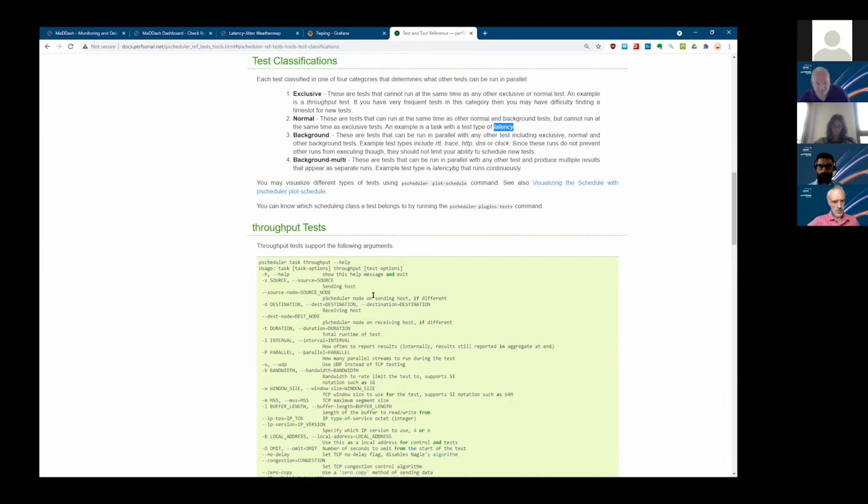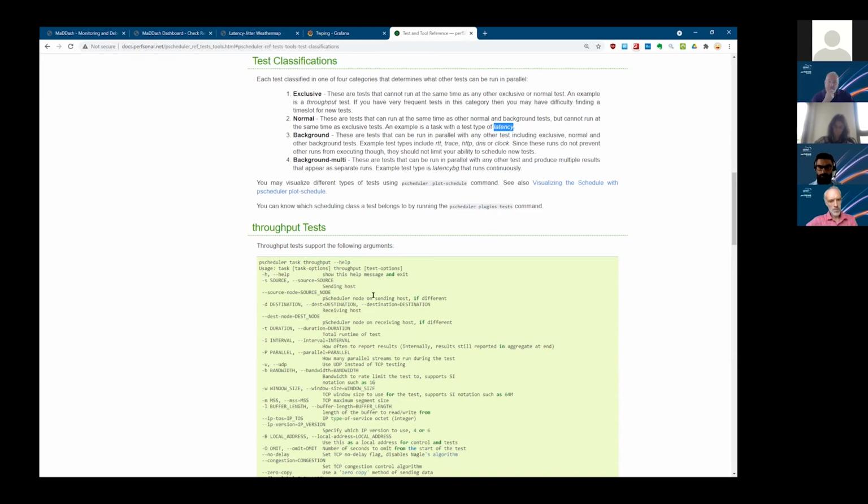With the background multi, at least it's not that apparent, or not that strong, I would say, because as background multi we have the OWAMP or the pulse string measurements running continuously in the background and providing continuous testing.